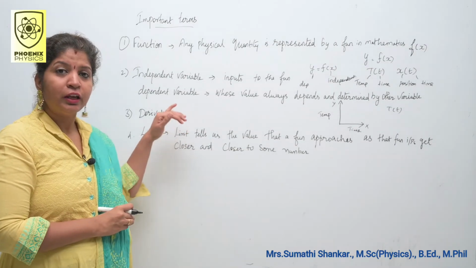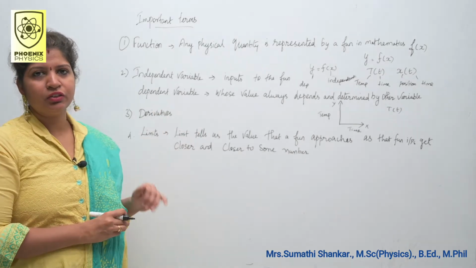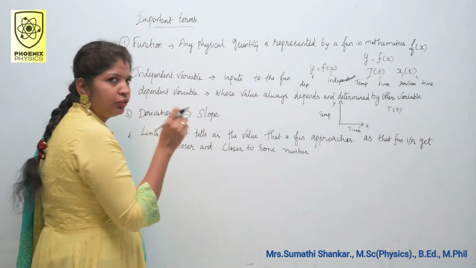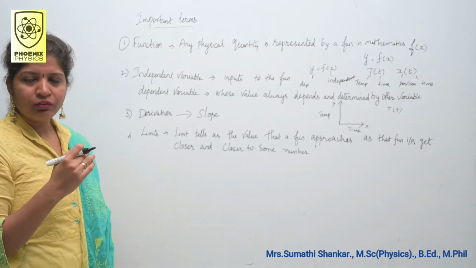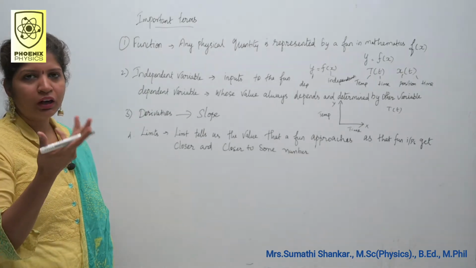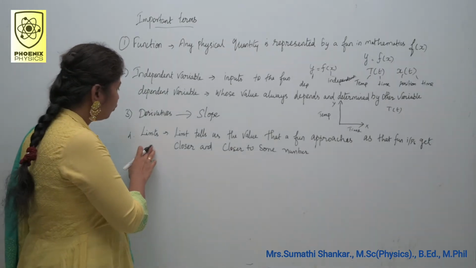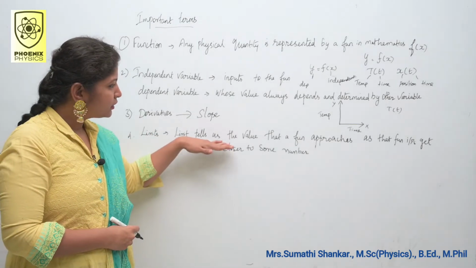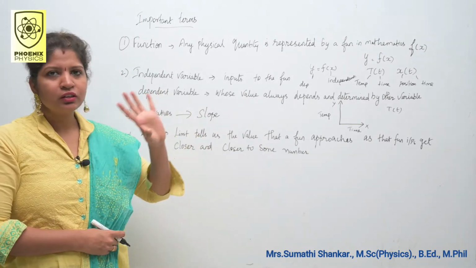Derivatives. The third important term is derivatives. Simply we can say slope. If you find the slope from the graph, that is nothing but our derivative. Then the fourth one is limit. Limit tells us the value. Limit is just a number, okay.